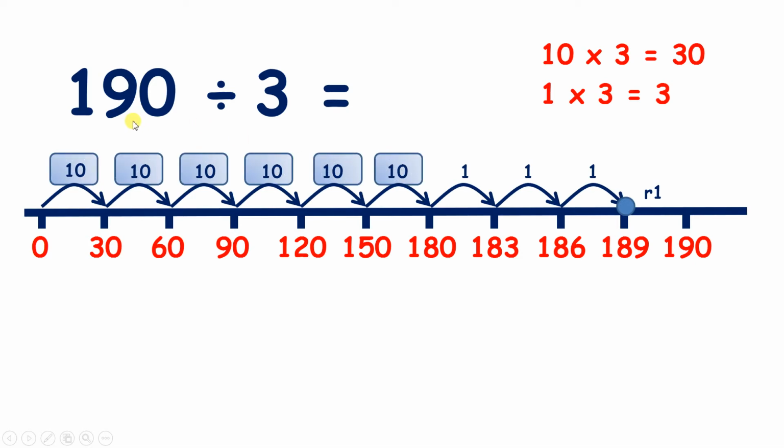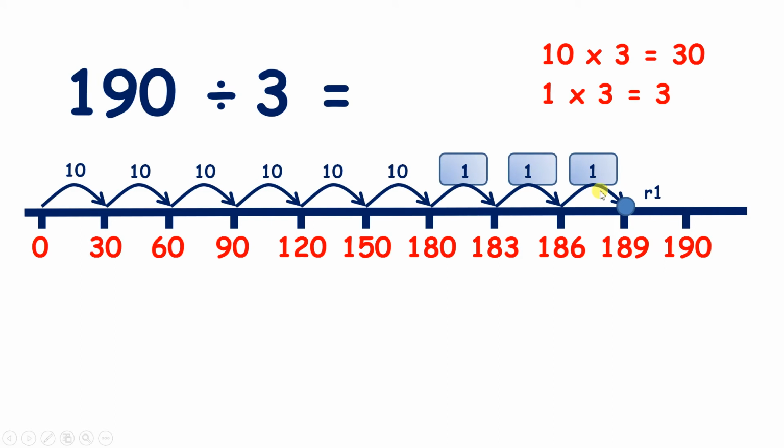So to get to 190, we counted on in steps of 10 times 3, 6 times, so 60 times 3 got us to 180, and then we counted on another 3 steps of 3 to get us to 189, and then we still needed 1 more, which is our 1 remainder.